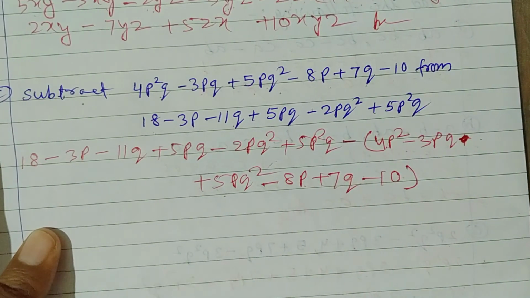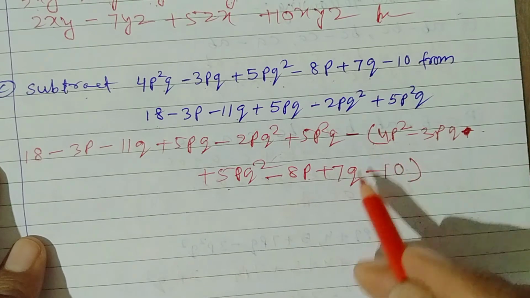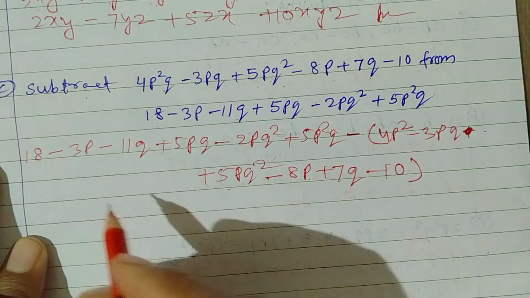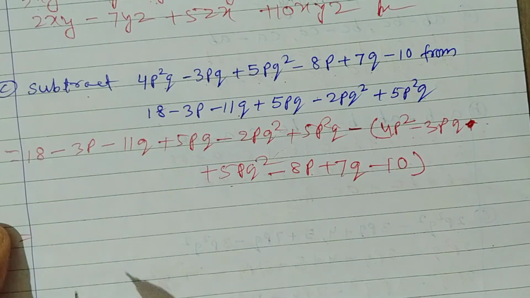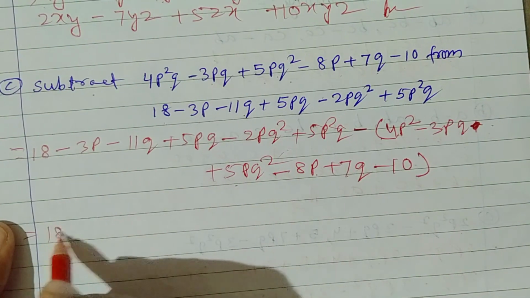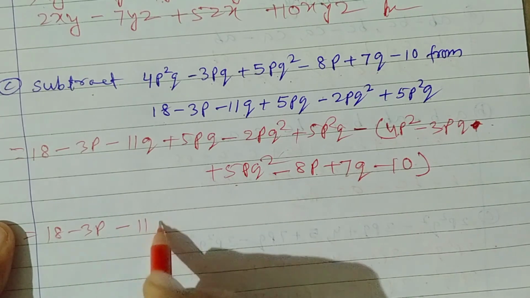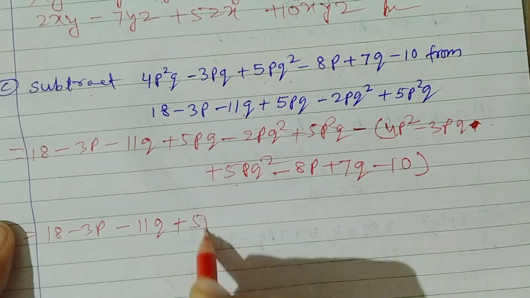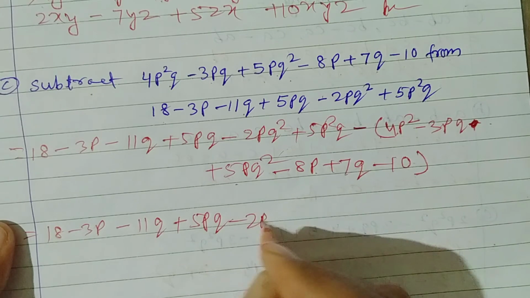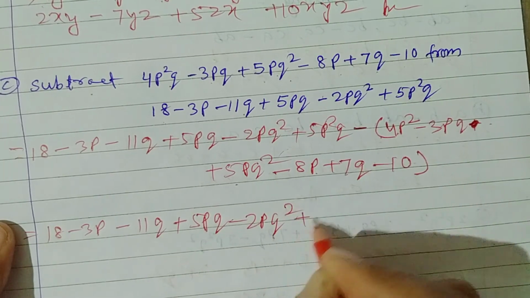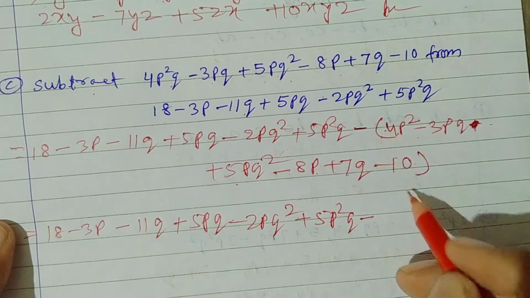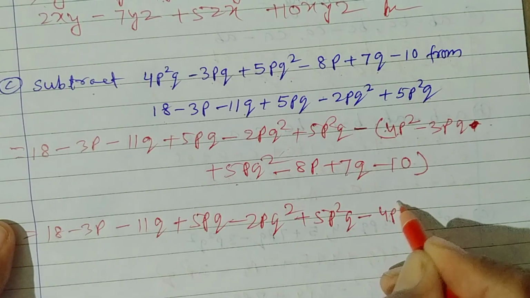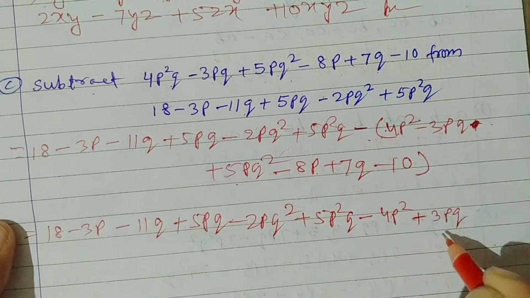Okay. After that, remove the bracket and change the sign. Next step, write the equal sign. 18 minus 3p minus 11q plus 5pq minus 2pq square plus 5p square q, minus plus minus minus 4p square q.